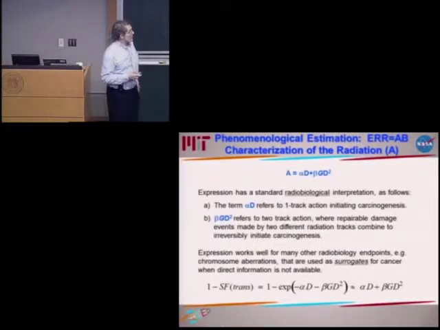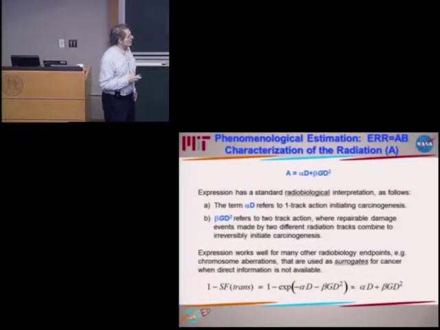So, as for the form of A, which is a radiogenic term, maybe you won't be surprised to see that this alpha D plus beta G D squared surfaces again. The logic is somewhat similar. The term alpha D refers to one-track action initiating carcinogenesis, and the beta G D squared refers to the possibility of two-track interactions affecting the rate of carcinogenesis.